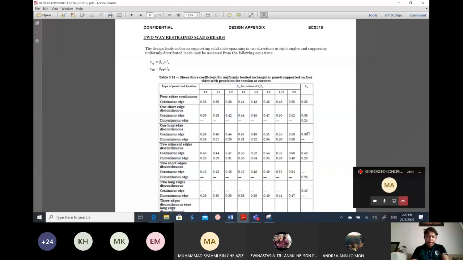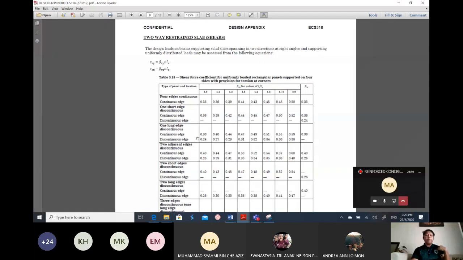Okay, I repeat it again. For discontinuous edge, the value inside the table here is beta VX2 and also beta VY2. For continuous edge, it becomes beta VX1 and also beta VY1.